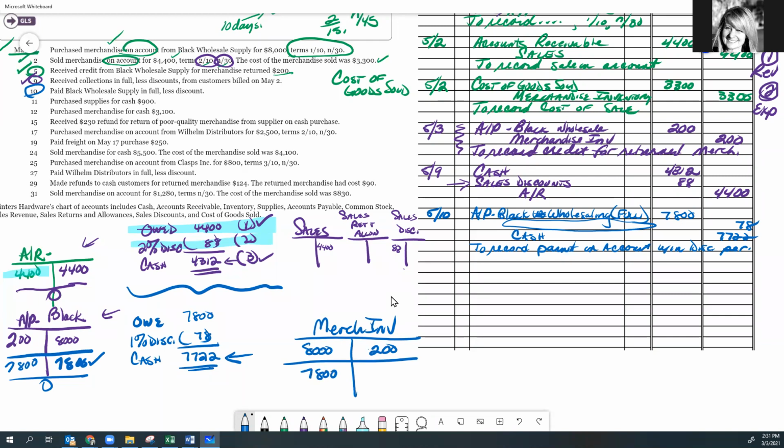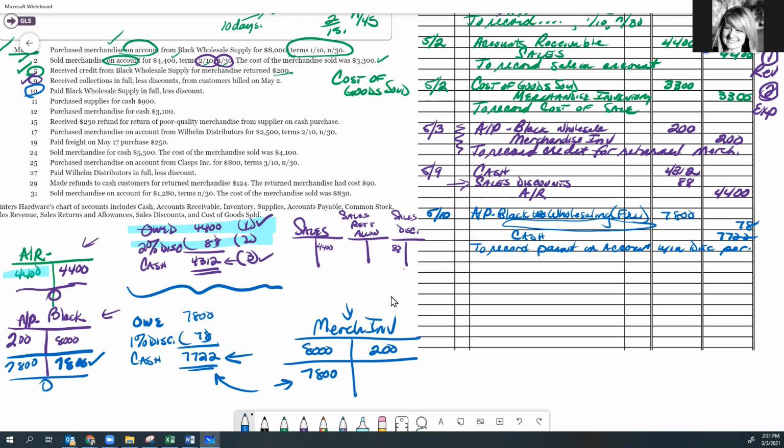The question is, is that what it cost us, right? This merchandise inventory account should reflect all of the costs necessary to bring that asset to its intended use, which is to sell it. And right now we're showing that it cost us $7,800, but we just wrote a check for $7,722. So it didn't cost us $7,800.